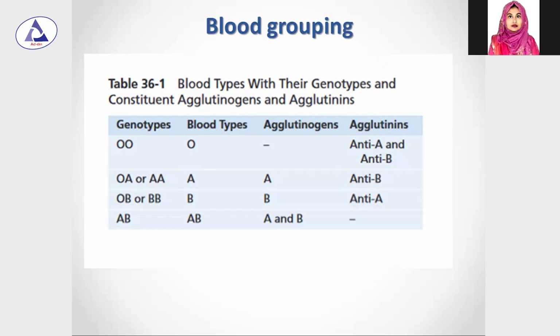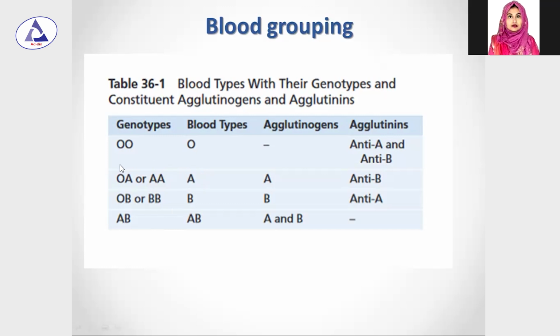Then what does it contain? It contains both anti-A and anti-B, meaning it contains both antibodies. Come to blood group A. What about blood group A?